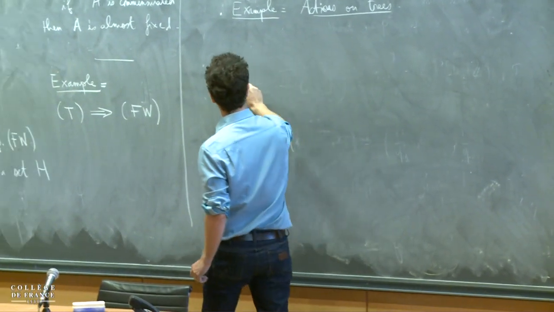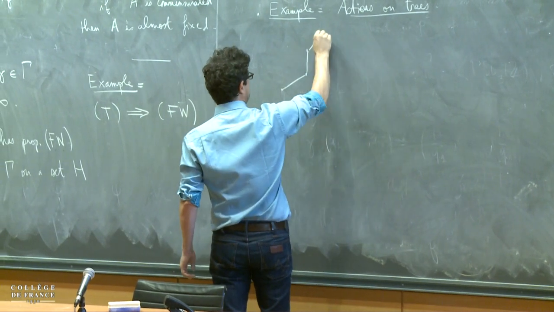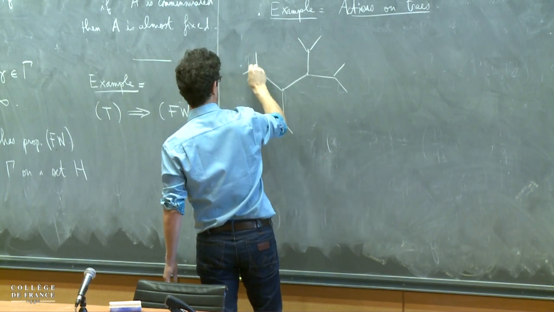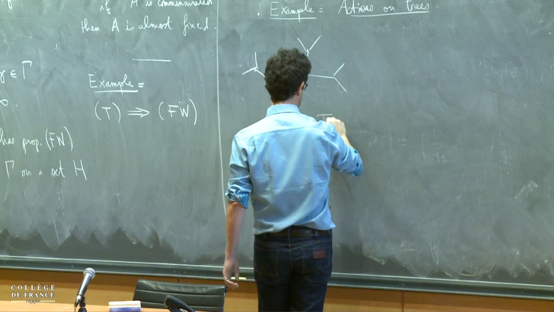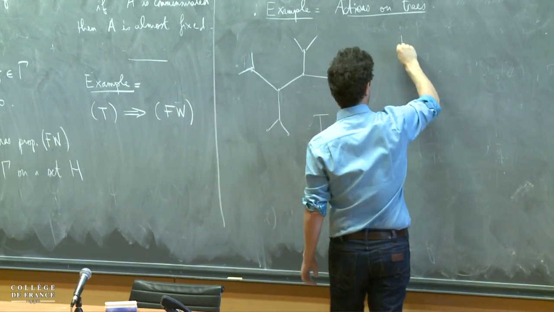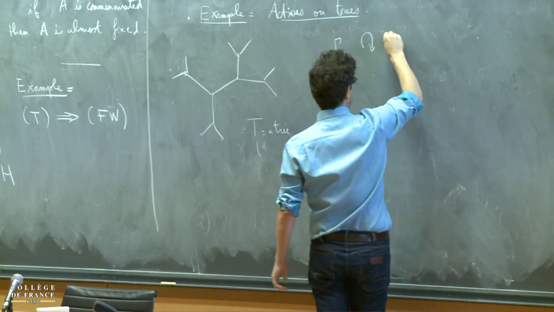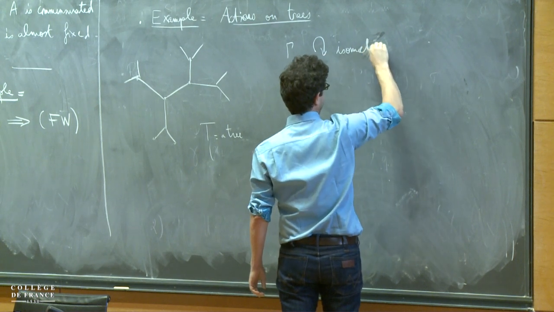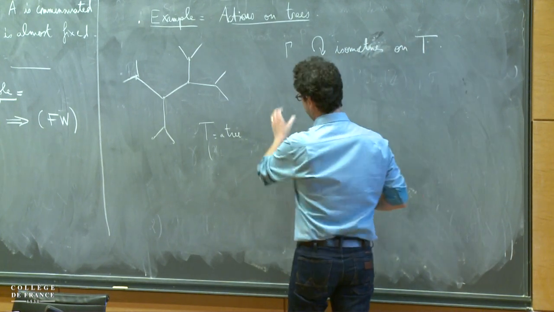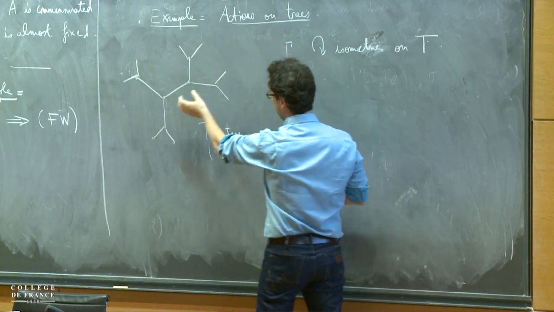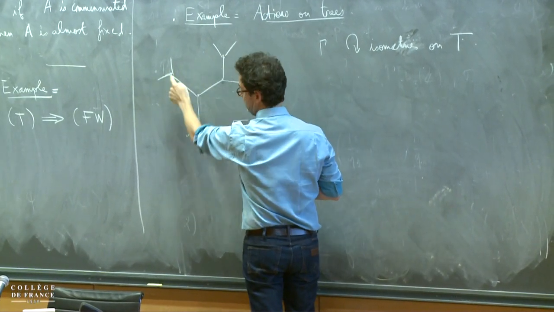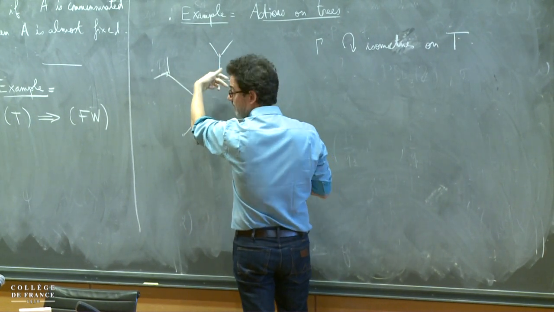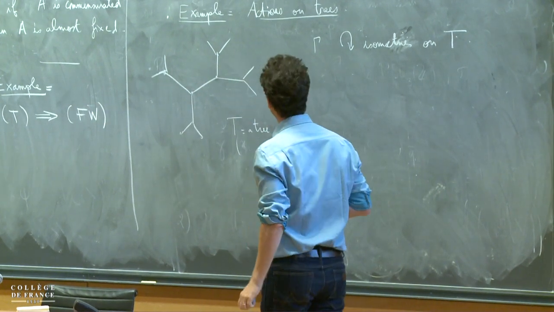So you take a tree, let's say an infinite tree like that, and assume that gamma acts by isomorphisms, I mean isometries, on T. So you have an abstract group gamma, and it acts on the tree, meaning that it maps vertices to vertices, edges to edges, and if two vertices are connected by one edge, then the images are also connected by the image of the edge.